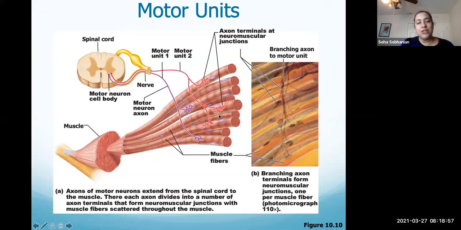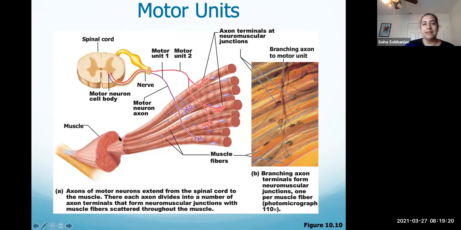You can see by just looking at this picture that it is not a 1-to-1 ratio. You don't have one neuron controlling one muscle cell. Rather, you have what we call a motor unit, where one nerve cell or neuron controls multiple muscle cells.